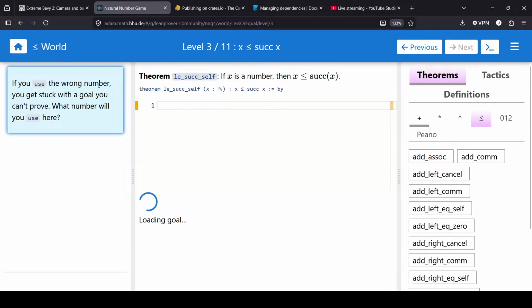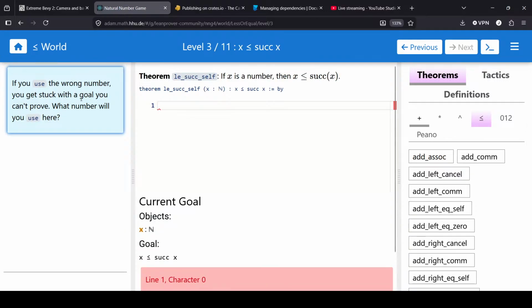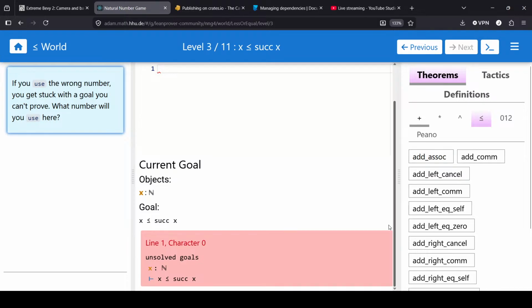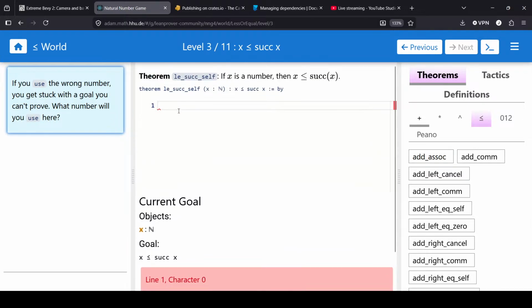If you use the wrong number, you can get stuck with a goal you can't prove. What number will you use here? Good question. So I need to prove that if x is a number, then x is less than or equal to succ x.